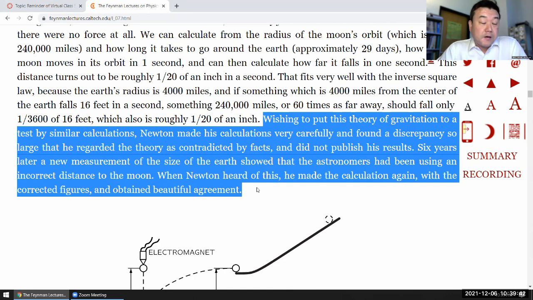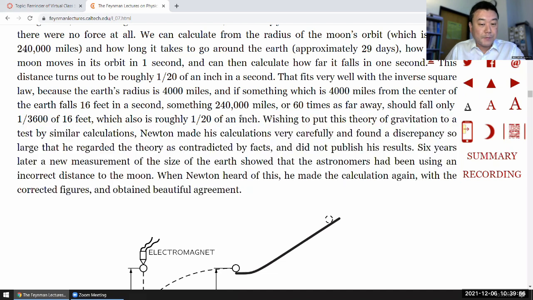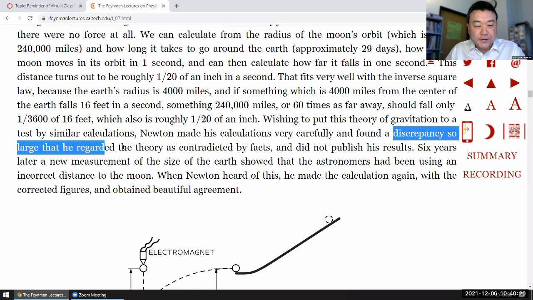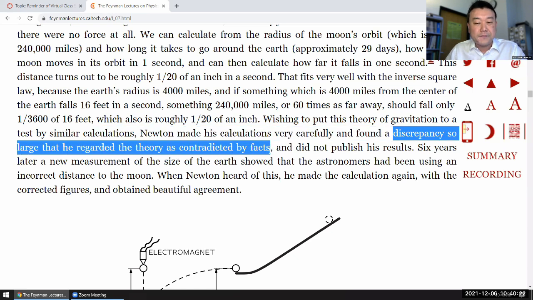And when they disagree, then we fix it, or maybe we learn from that disagreement. So here, I guess what Newton learned was, he found the discrepancy and he thought the theory wasn't correct because it was contradicted by existing fact.